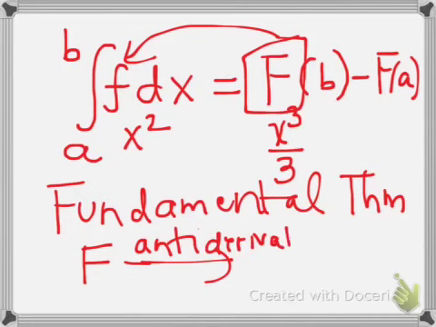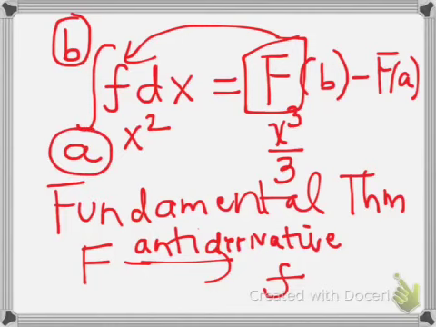So if you can find the antiderivative of a function, then evaluating that antiderivative at the upper bound, which is the point b, minus evaluating it at the lower bound, which is the point a, will actually give you the area under that function f, if I'm still thinking that f is positive.